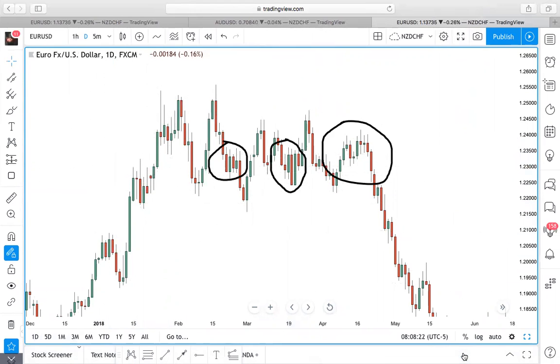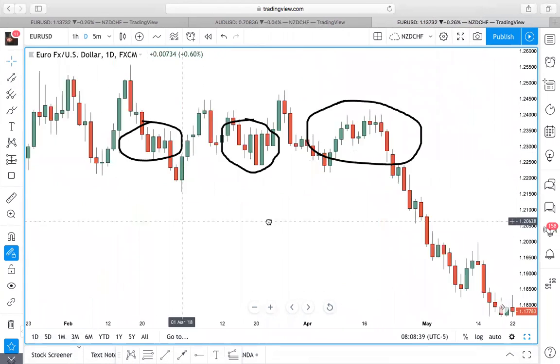So first thing I'm looking for is an outside bar, inside bar, which we have right here. We have the high, the low. Let's zoom in a little bit.